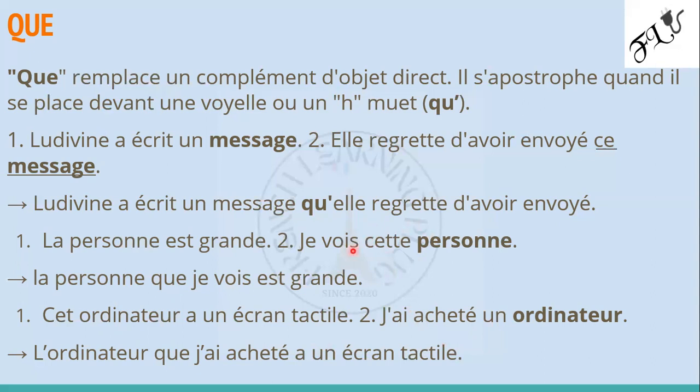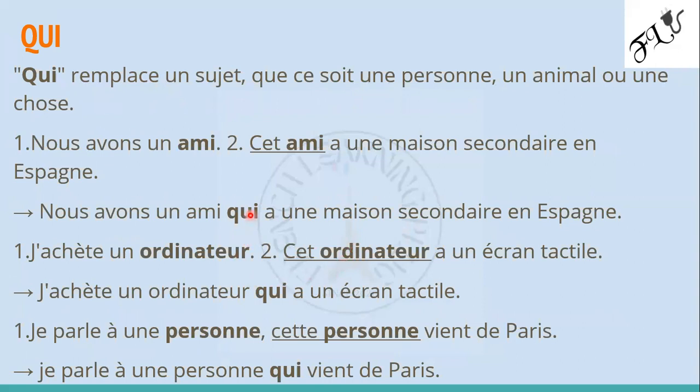All right, so one thing you should take note of is this. Qui is the subject. So whenever you find qui, you cannot find any other subject after it. After qui, the next thing you have must be the verb. You cannot have qui and then je, or il, or elle.